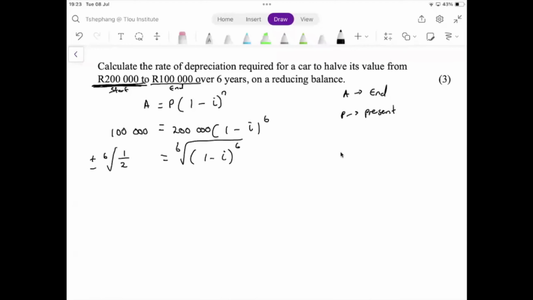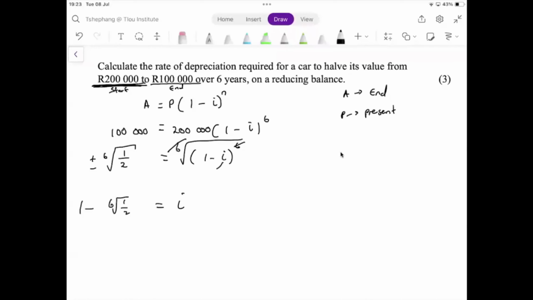You can say plus or minus, but I know the negative is not going to matter because this is an interest rate, which has to be positive. These two cancel each other out, and then we know this is the 6th root of a half. So 1 minus that is equal to the interest rate.